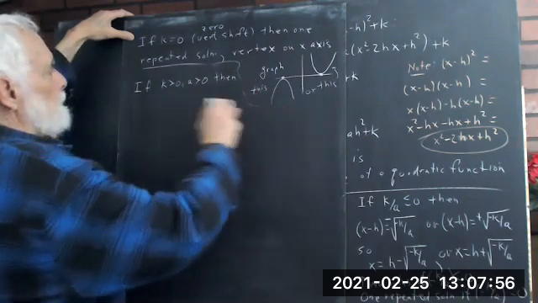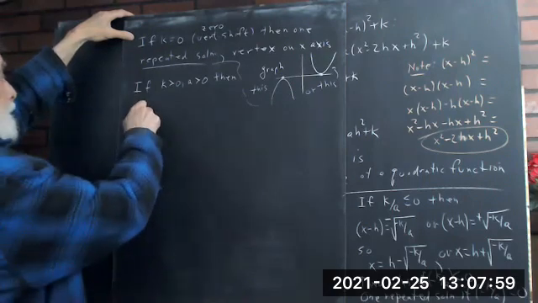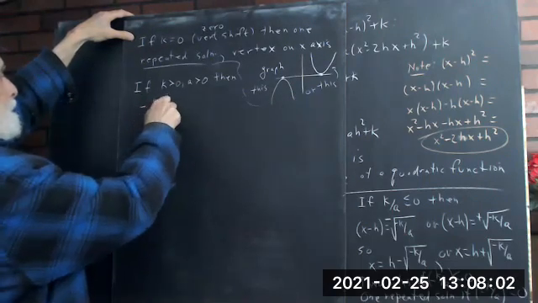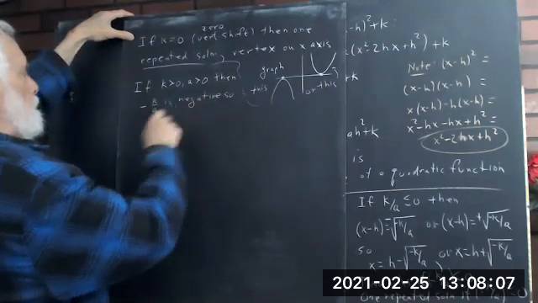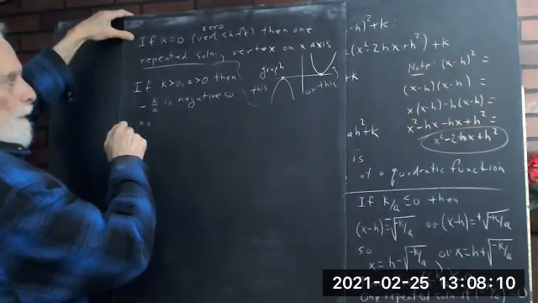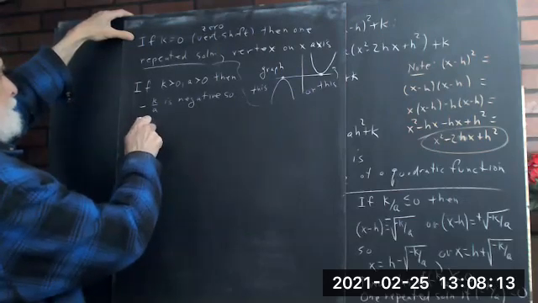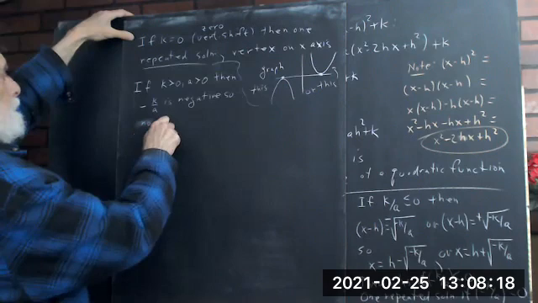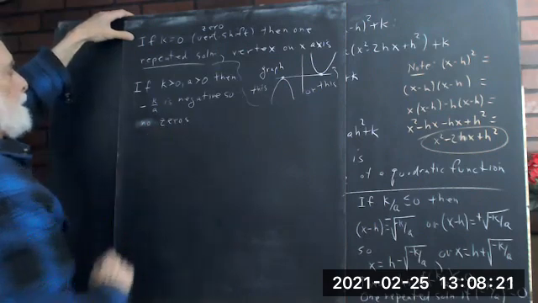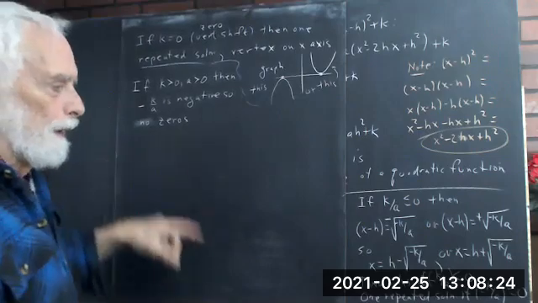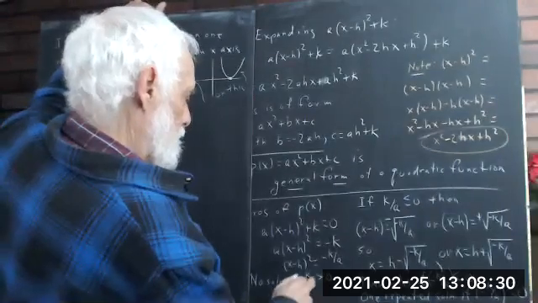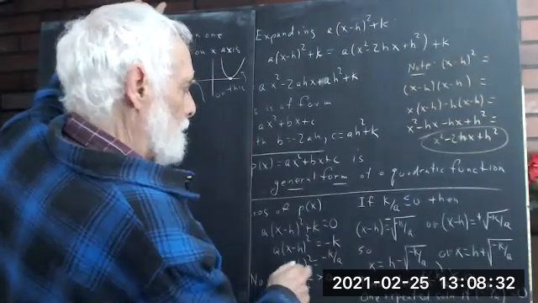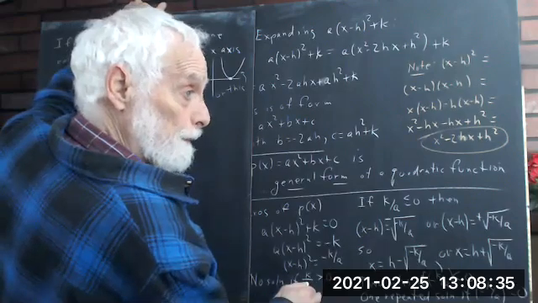Okay. Now, if k is positive and a is positive, then negative k over a is negative, and because of what we've seen here, the square of something can't be negative, so you have no solution.